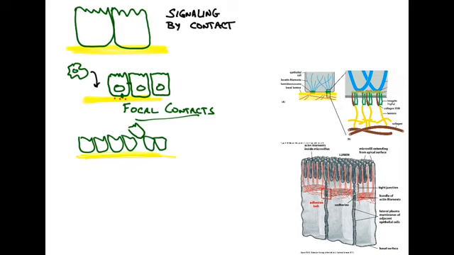Before doing that, I want to also mention the type of attachment that is indicated by this green line in this simple drawing. And that is this attachment right here. And the extracellular component of that attachment is a protein or a family of proteins called cadherin. So that family is made up of many different members.